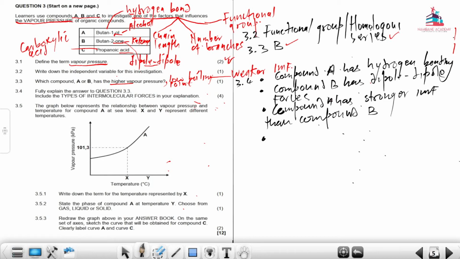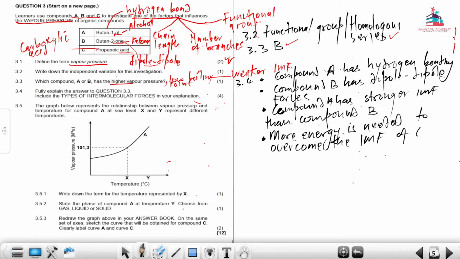So we must be able to say something about the energy. More energy is needed to overcome the intermolecular forces of compound A. So all the bullets are there.